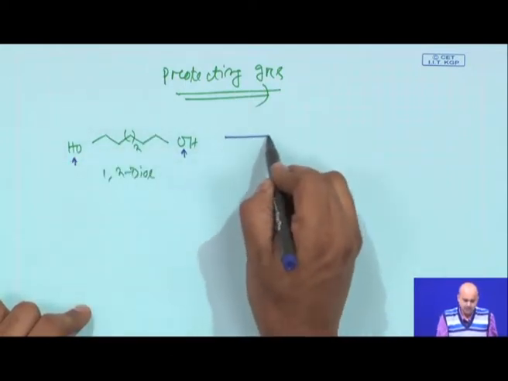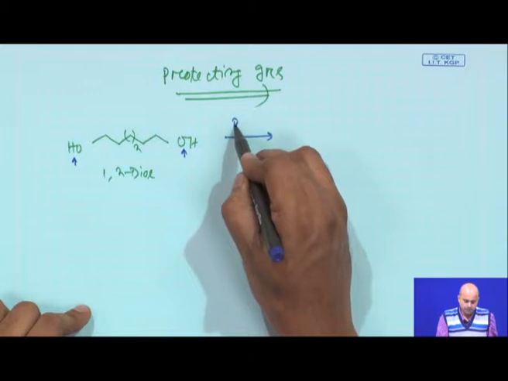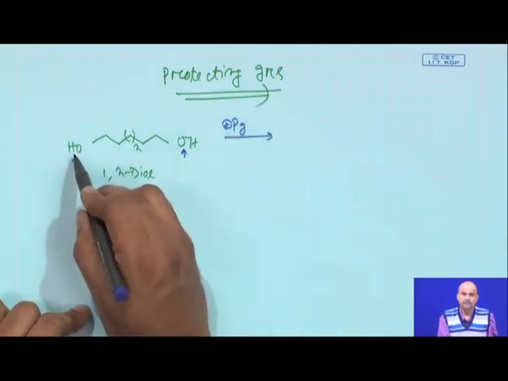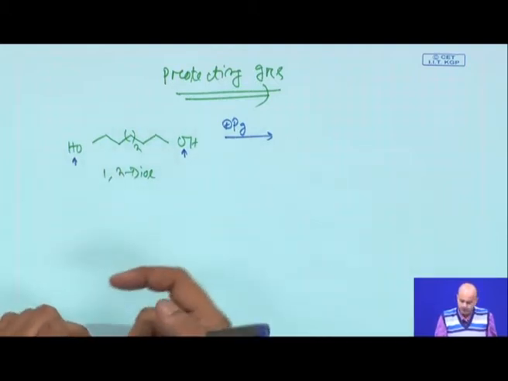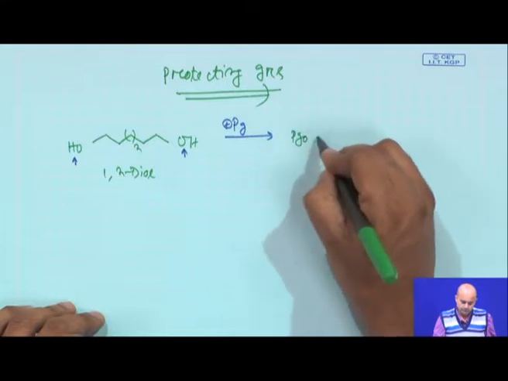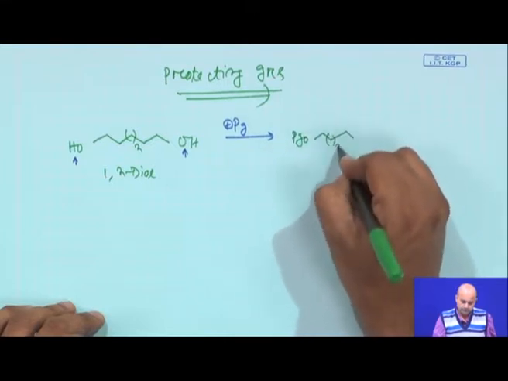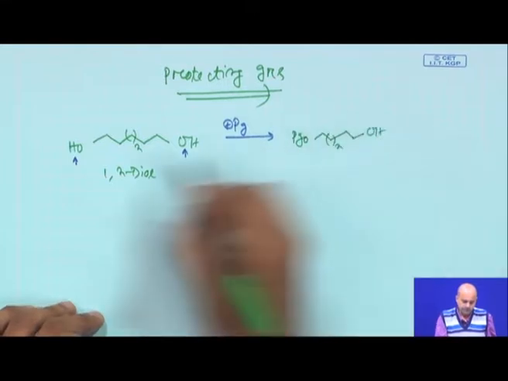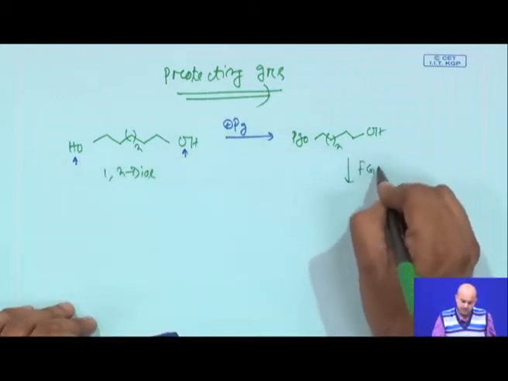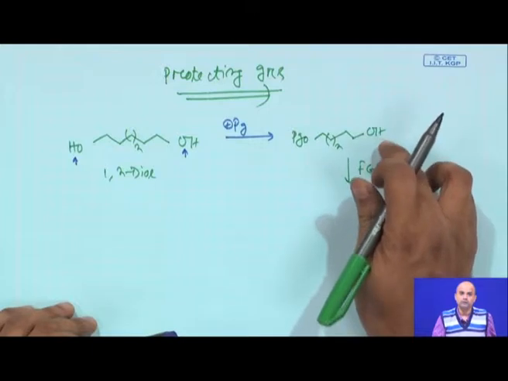Then basically you need to use a protecting group by masking this end. Then you do the remaining FGI whatever is required in your synthetic transformation.